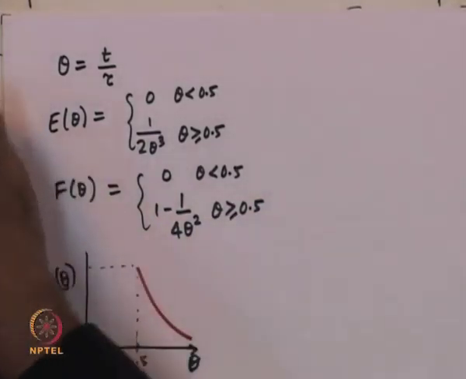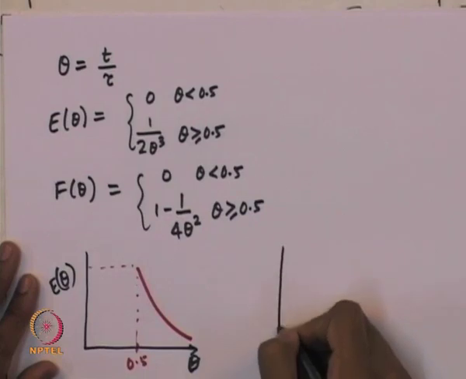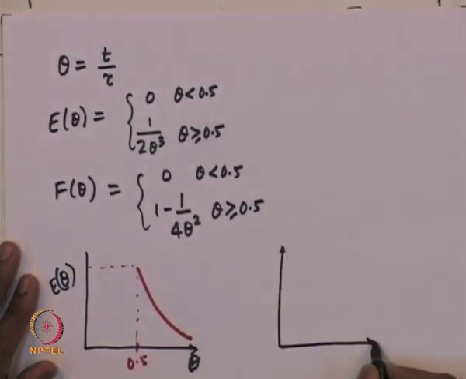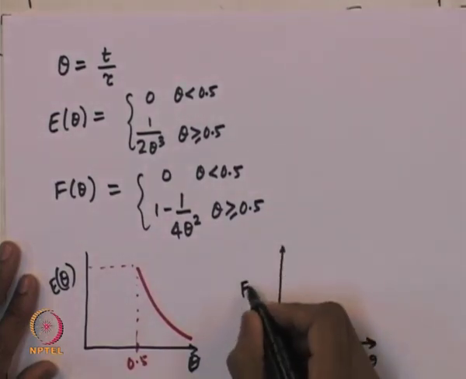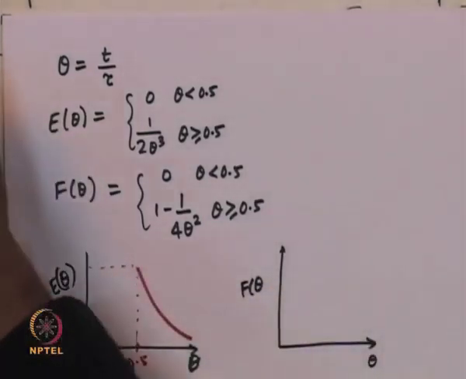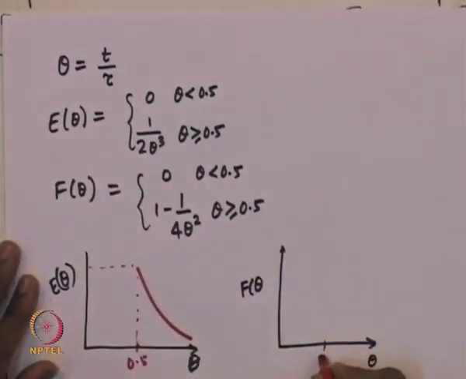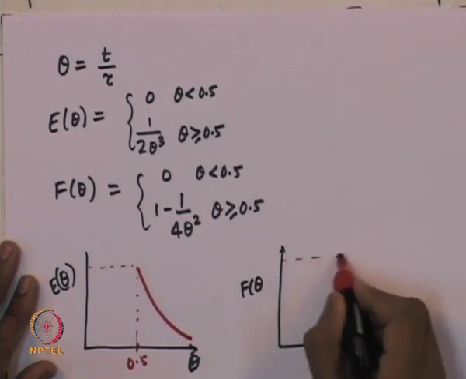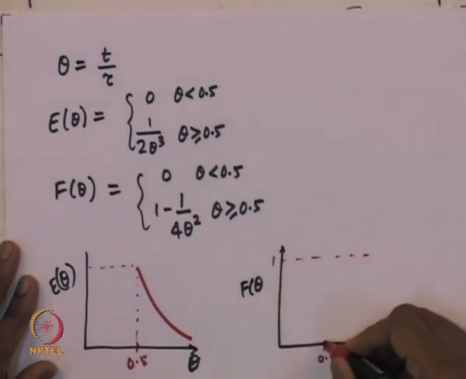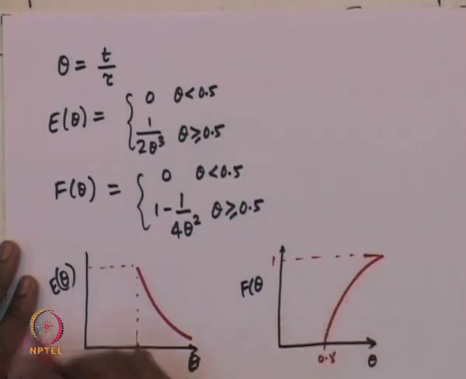The F curve will also start at 0.5. This is the F curve, and it will slowly increase and go to 1. So, that is the F curve.